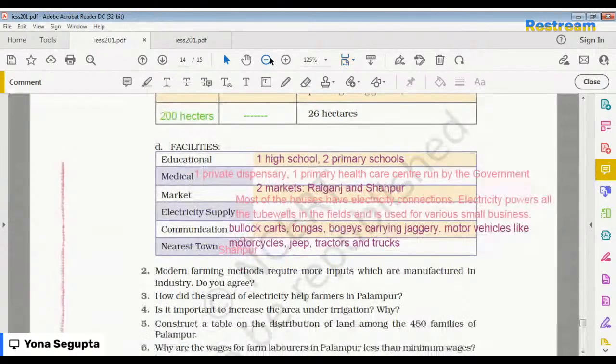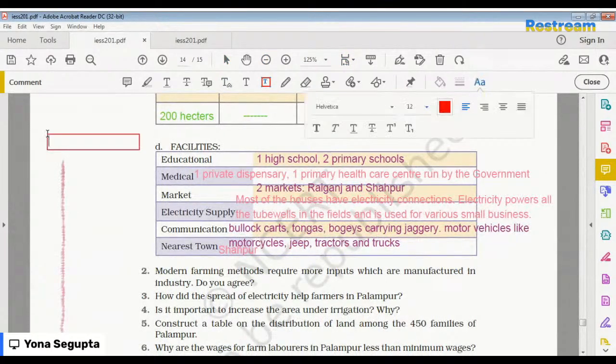Okay, I'll write it here. I'll write it with orange. This is number two, right?